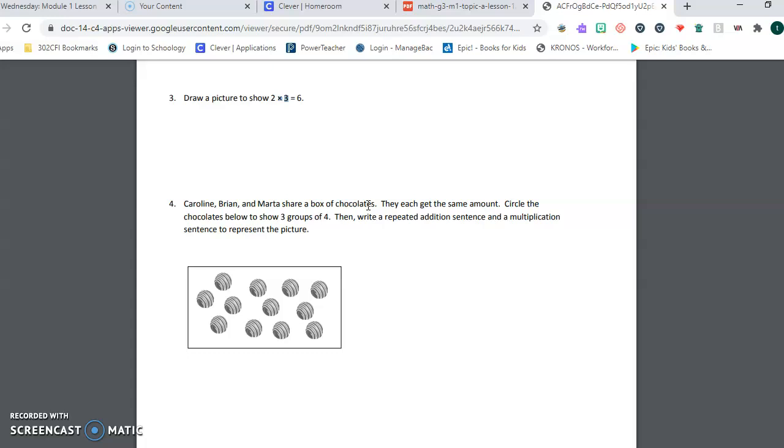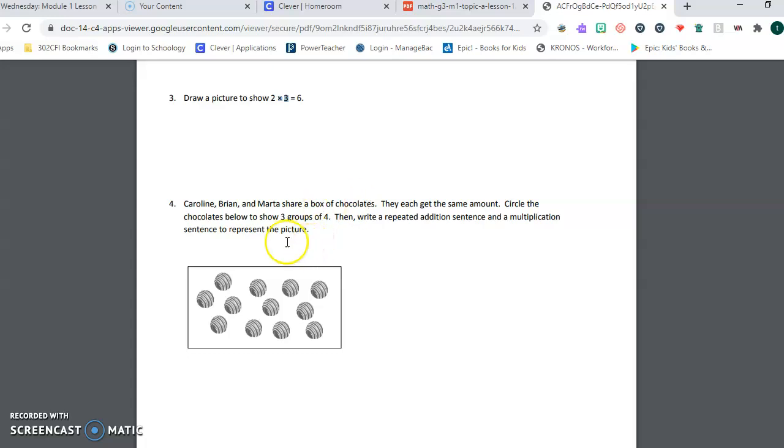Well, I know that there are 3 people, Caroline, Brian, and Marta. And I also know that they're sharing something. Share in math is key. It's a key word that typically means sharing equally. And it's actually kind of code for a division problem.